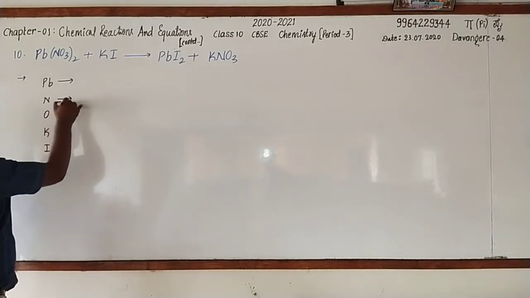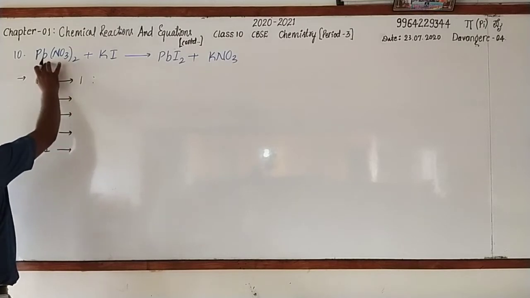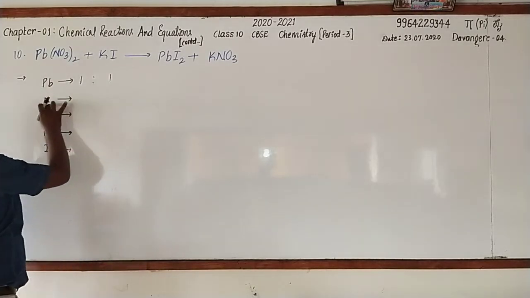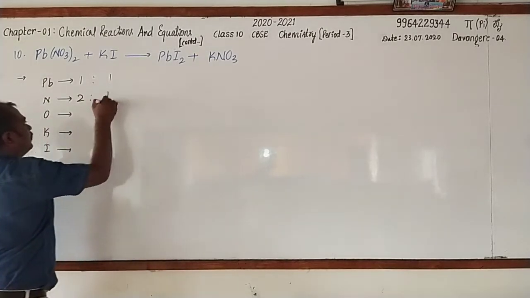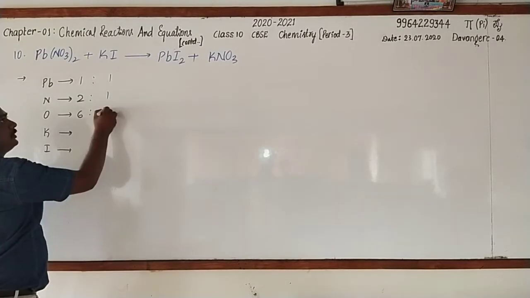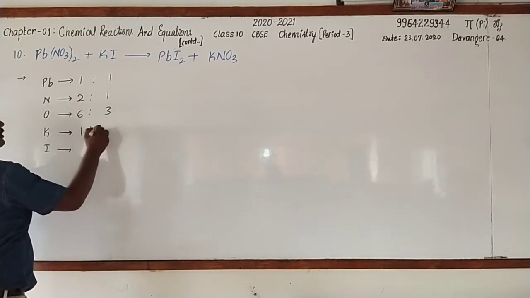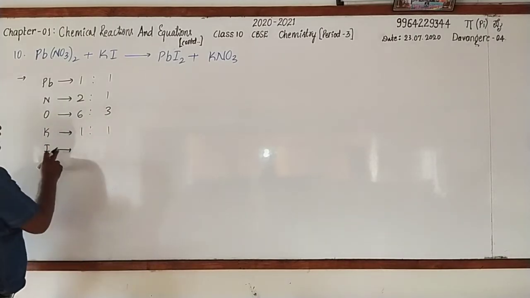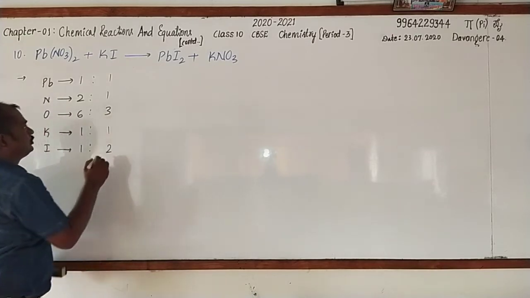Then, how many atoms of lead on reactant side? 1. Product side? 1. Nitrogen? 2. Nitrogen here? 1. Oxygen? 6. 3. And potassium? 1. Their potassium? 1. Iodine? 1. Iodine? 2.